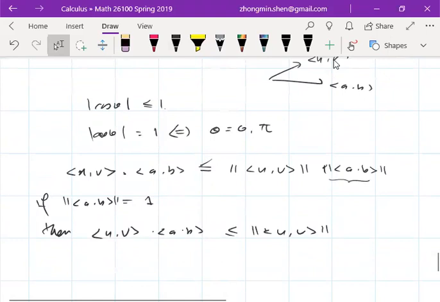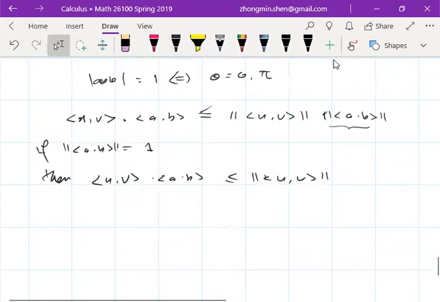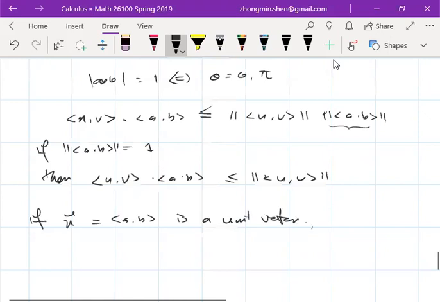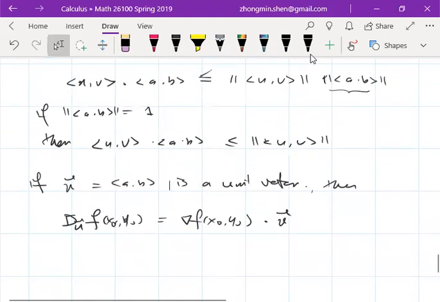For any direction. So this implies the following. If the vector U is a unit vector, then the directional derivative of f at that particular point, which is an inner product, is always less than or equal to the norm of this vector.